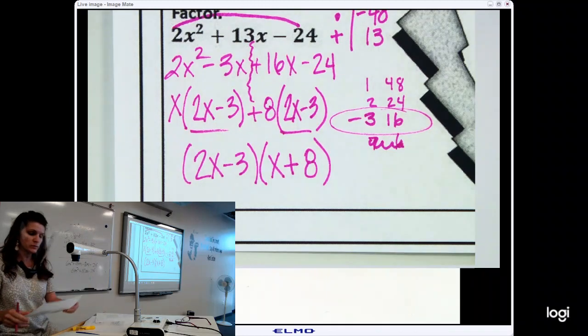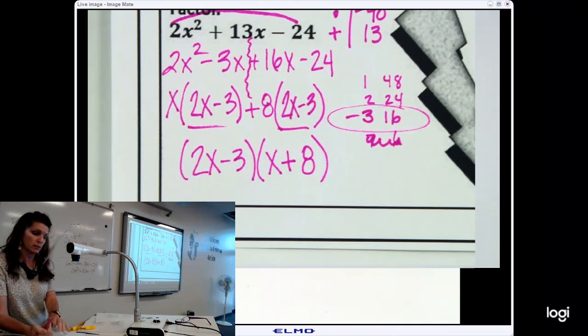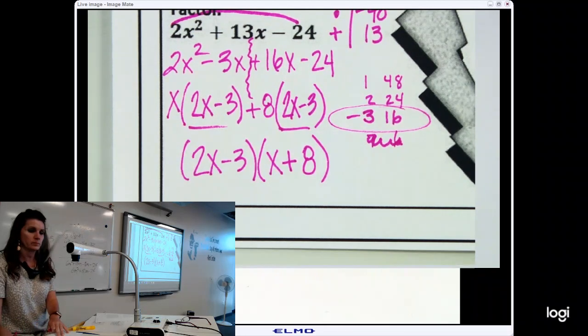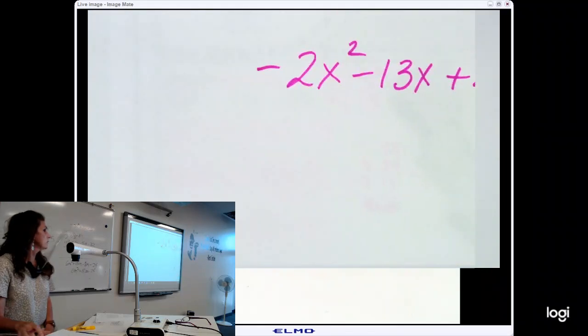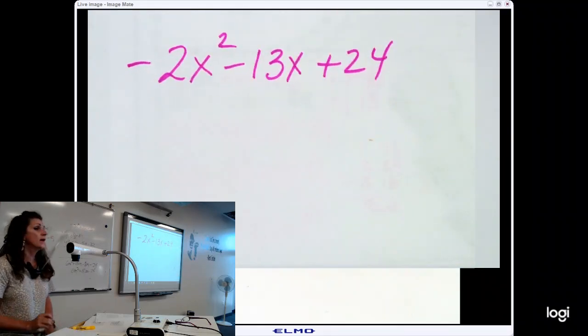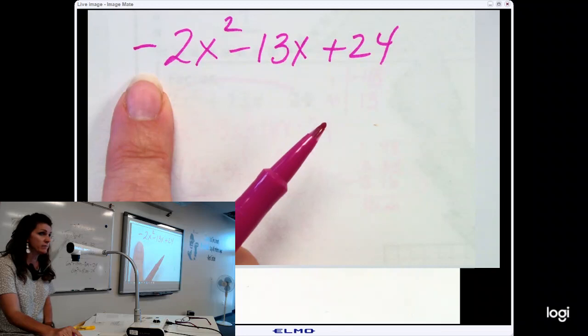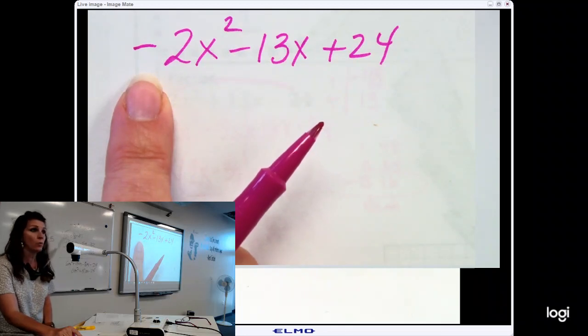Now I do want to show you something really quick. Don't pick up yet. Don't do it. You may have something like this, and it says to factor it. If there is a negative out front, you don't want it there.